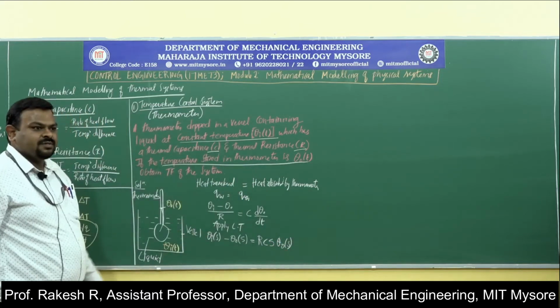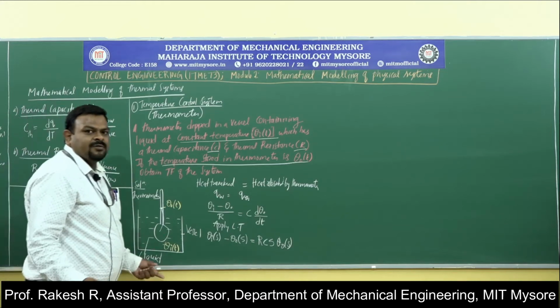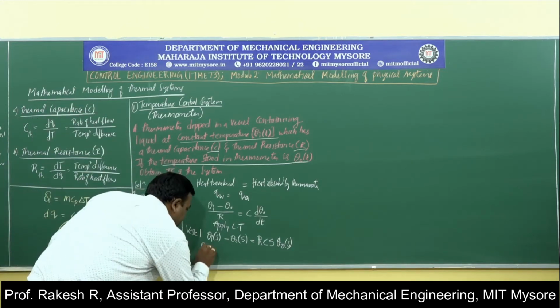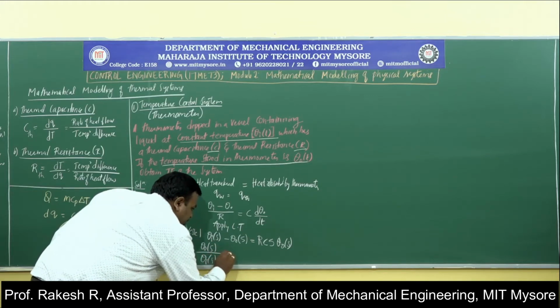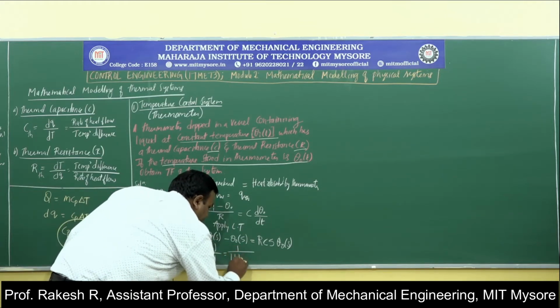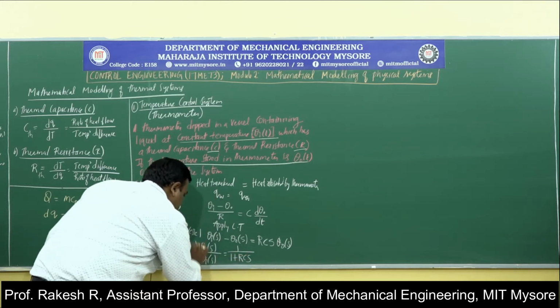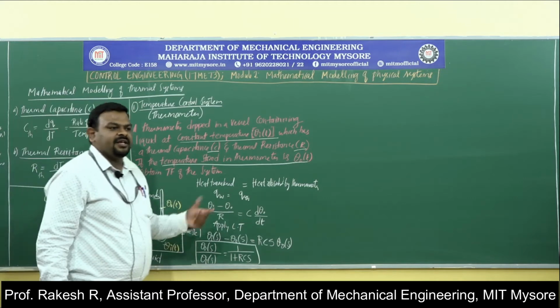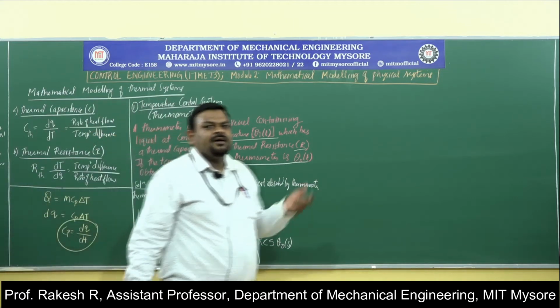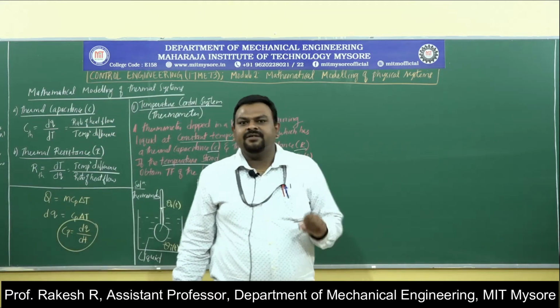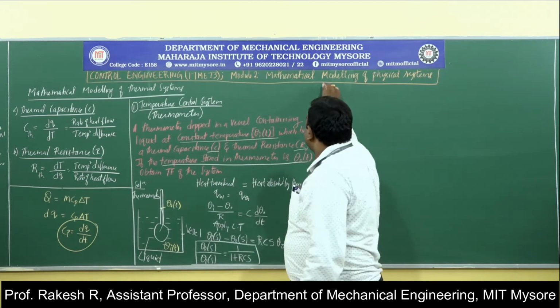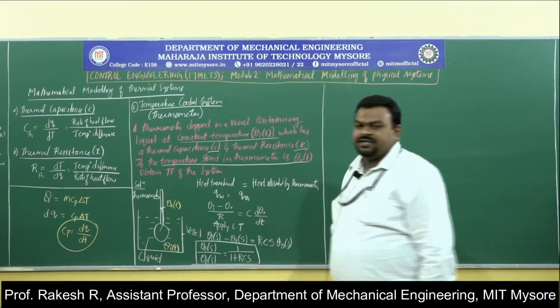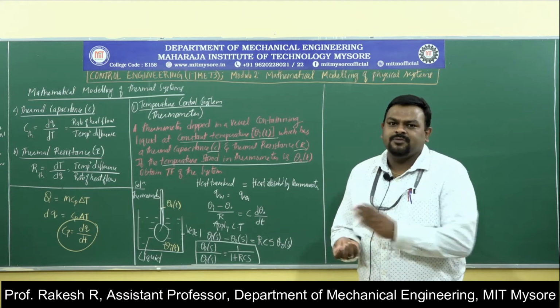Rearrange the terms, then theta naught of s divided by theta I of s will be equal to 1 divided by 1 plus RCs. This is the equation for the ratio of outlet and inlet temperature for a thermometer system or a temperature control system. This concept is very important.